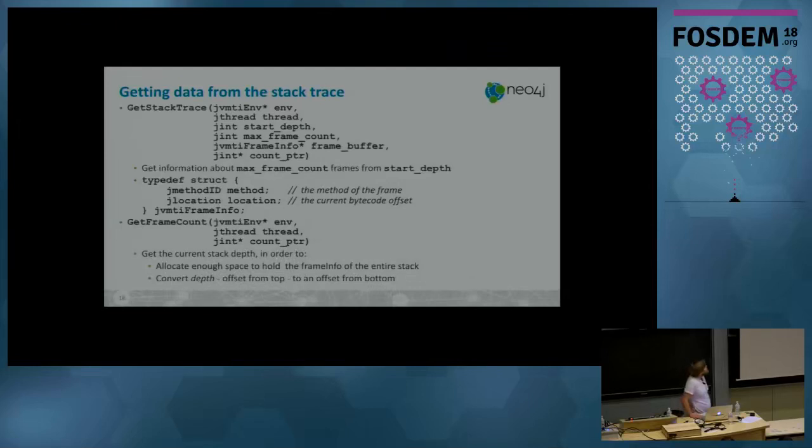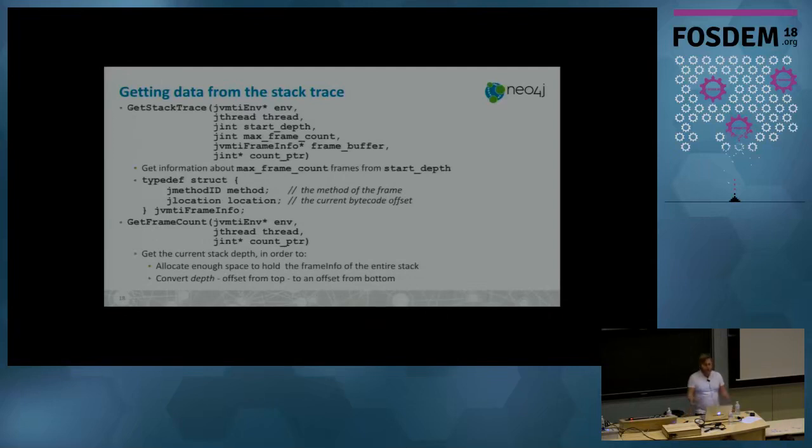So there's a method in this JVM TI API called getStackTrace. We can use that to get the stack trace from a certain depth and of a particular length in a number of frames. So we can say from depth 0 and guesstimate that the stack will be no bigger than 10 million or something like that, some big number.